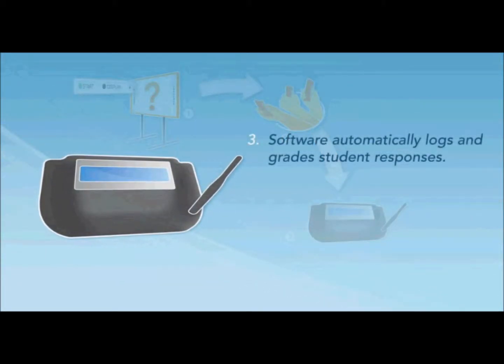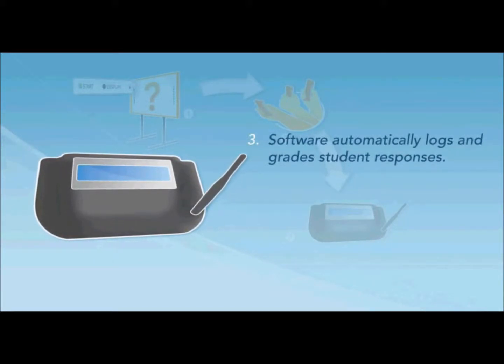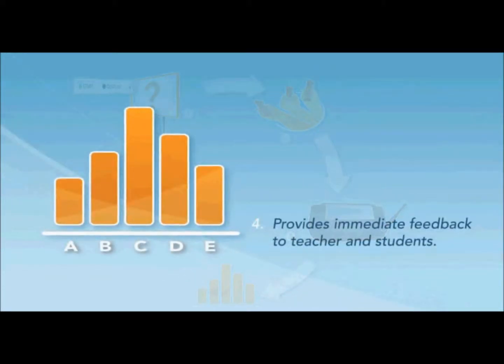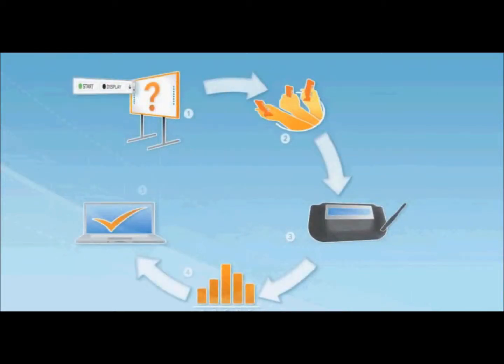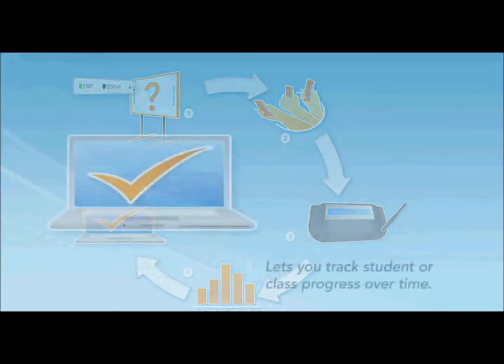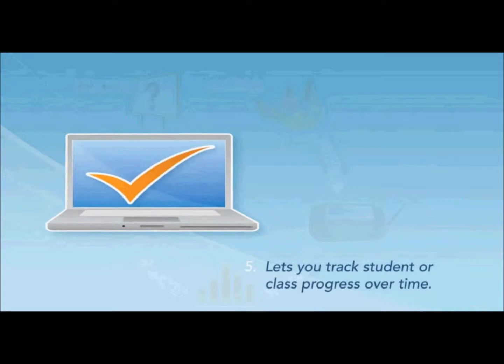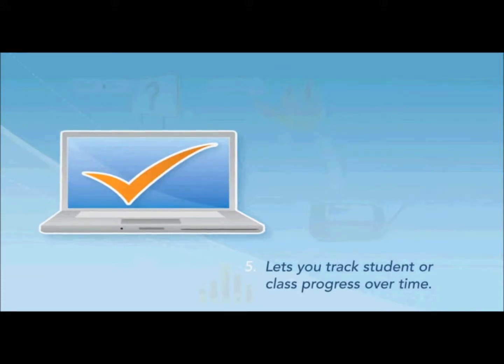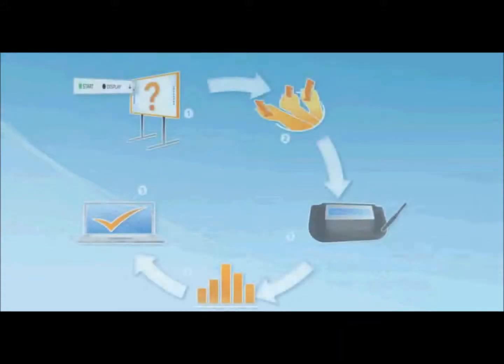Through iClicker's easy-to-use software, all responses are instantly logged, stored, and graded in the iClicker gradebook, called iGrader. After polling stops, you can display voting results in a graph for immediate feedback. After class, you can track student or class progress over time by reviewing the convenient iGrader reports. You can also easily assess students' understanding of material as lessons are being delivered with iClicker. It's just that simple.